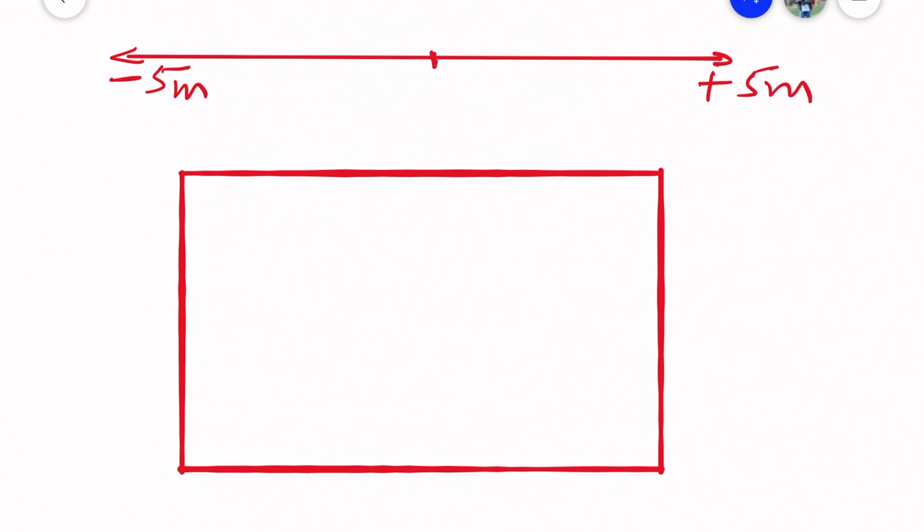Now in this rectangular field, let's say we have a person here, and he is at this particular location.